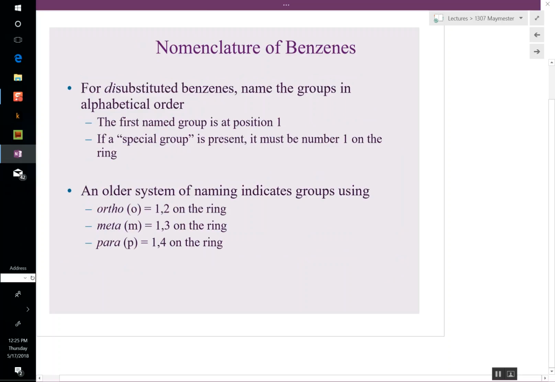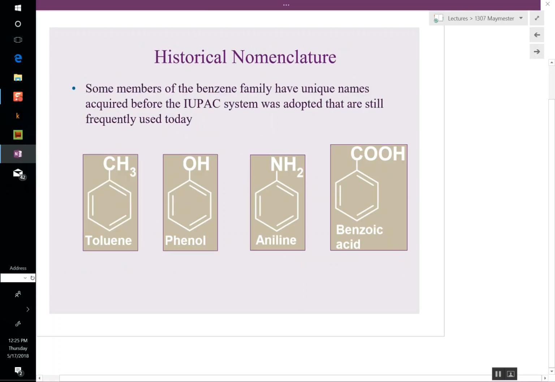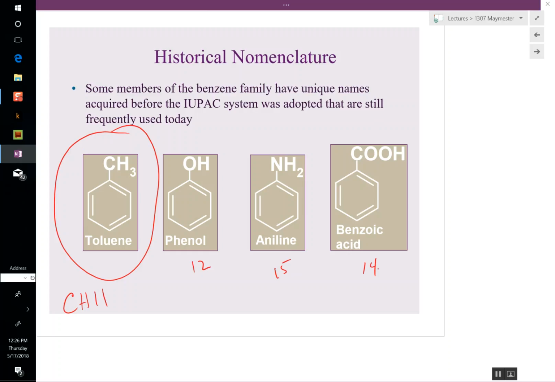Okay. Ortho, meta, and para. Let's get to the molecule for this chapter. We're in chapter 11. This one is going to come up in chapter 12. This one's going to come up in chapter 15. And this one's going to come up in chapter 14. So don't worry about every one of those right now. But this one, do get a 3x5 card for this one. You should get a 3x5 card for benzene and toluene at this point.